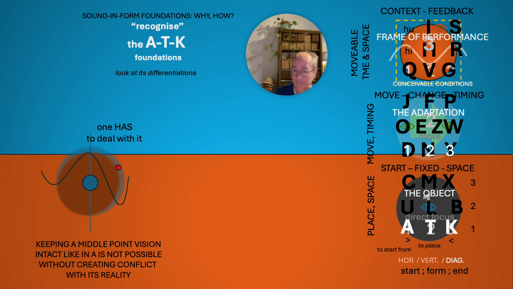You always have to deal with it, and if you keep that middle point vision intact, it doesn't make it possible to continue without creating that conflict. It is actually inevitable that it creates conflict with its reality. That's actually your perspective. It has a conflict with reality, and there you will need this whole process that I just told you. Just imagine that you do not do that.